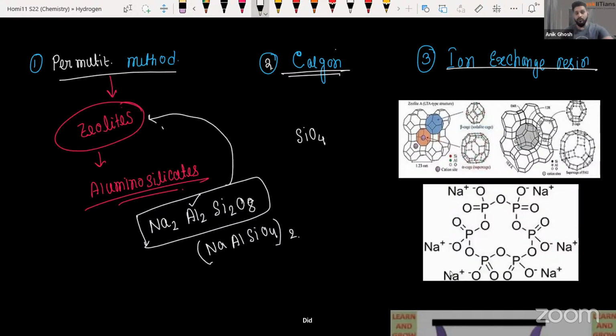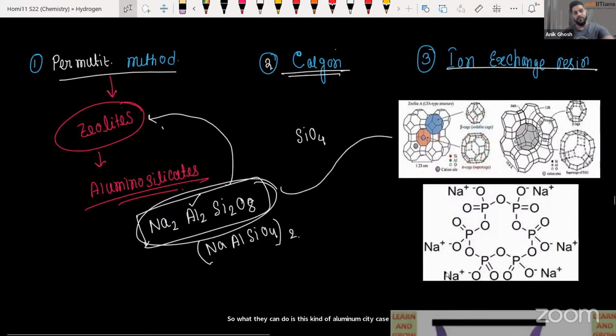Now, how do they remove the permanent hardness? These kinds of aluminosilicates have a specific kind of structure which you can see in this particular picture. You can see they have a cage-like structure, and this cage-like structure is very, very useful for them. They entrap the metal particles inside this cage.